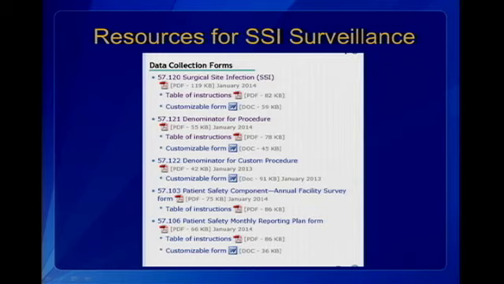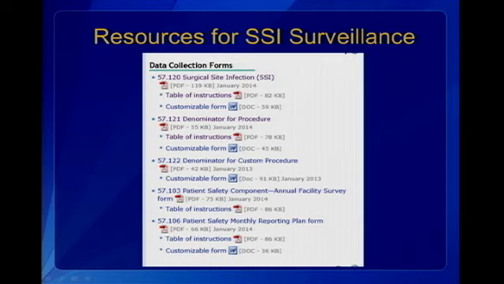So this is the data collection forms, and again, I'm highlighting things that I get asked questions about. For every data collection form, these are all the up-to-date forms, from the SSI section of the website. There is a table of instructions that goes piece by piece for every element you're supposed to be entering on a form, and it tells you what that piece of information wants.